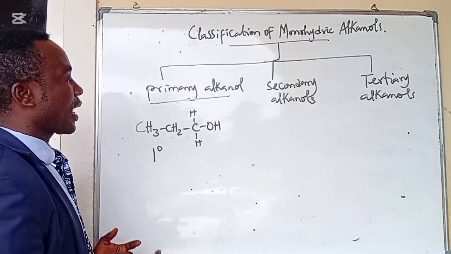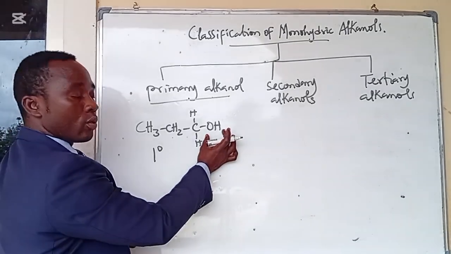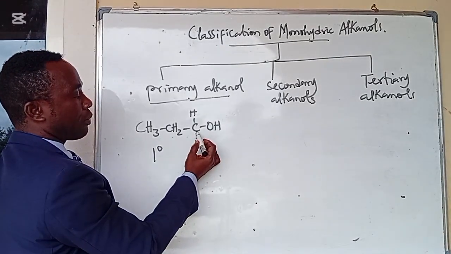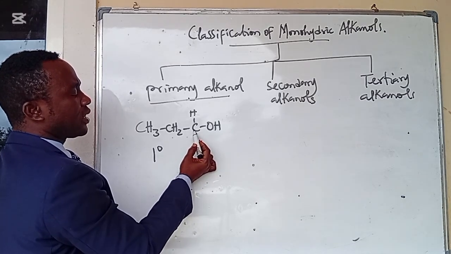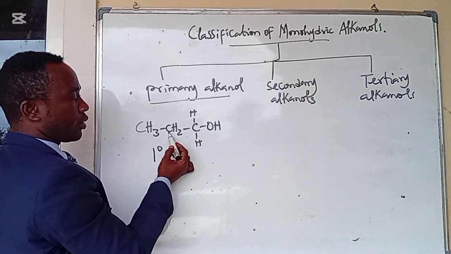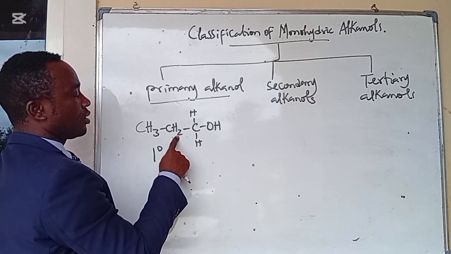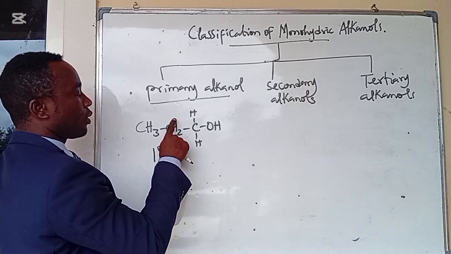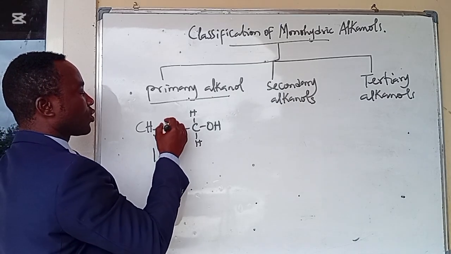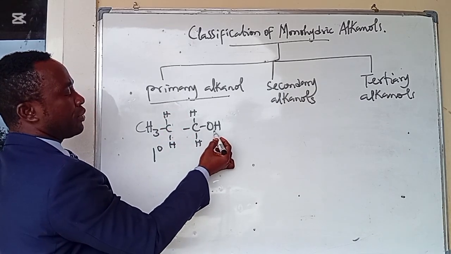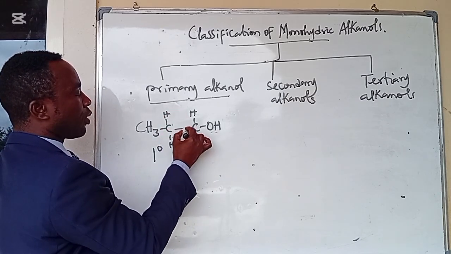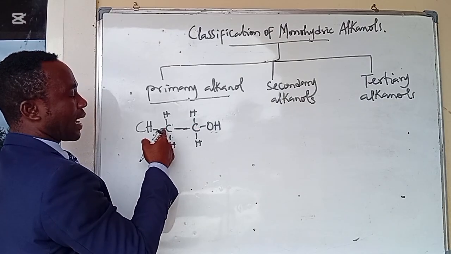Why is it a primary alkanol? Because the hydroxy group is bonded to a primary carbon. This carbon atom is a primary carbon. Why? Because it is bonded to only one other carbon. If you remove this hydrogen and place it on this carbon, you see that this carbon atom that bears the hydroxy group is bonded to only one other carbon.